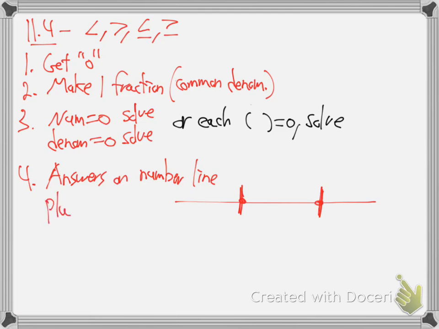And plug in a number in each section for positive or negative. Okay, so I'm not sure that all makes much sense at all. Let's give this section a try.